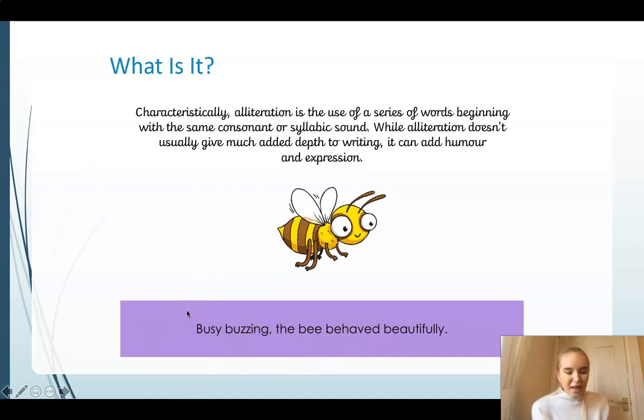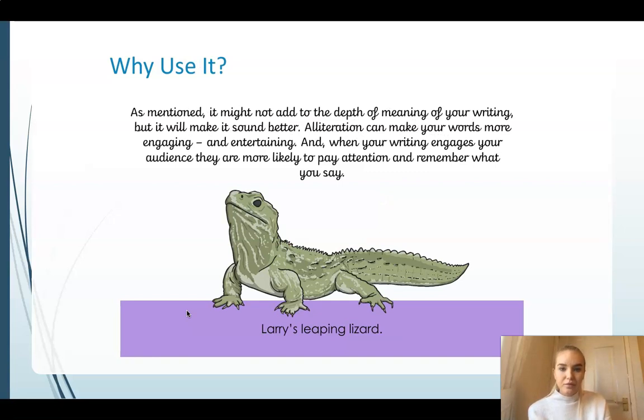And alliteration doesn't really make your writing much better in terms of the way it's written, but it can help to add expression, particularly when you are writing poems. So you might think, oh, Miss Newman, why do we need it then if it doesn't add depth or meaning to your writing?